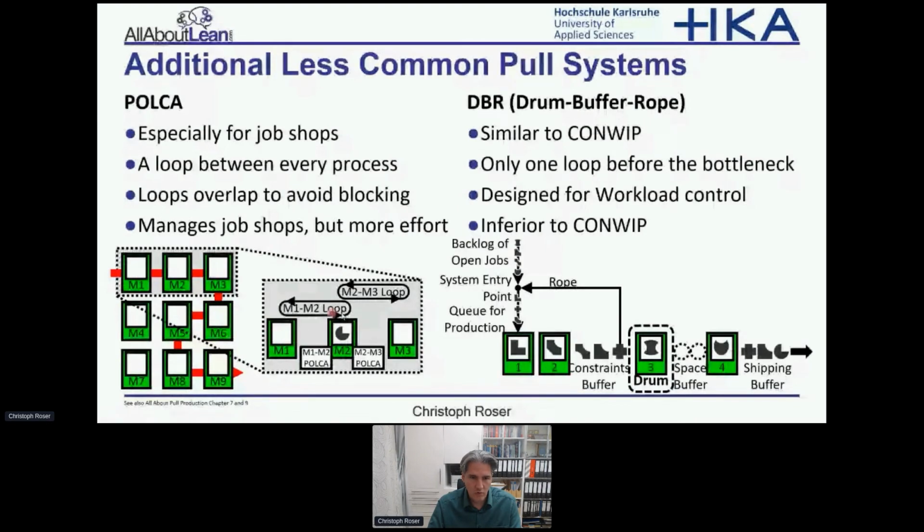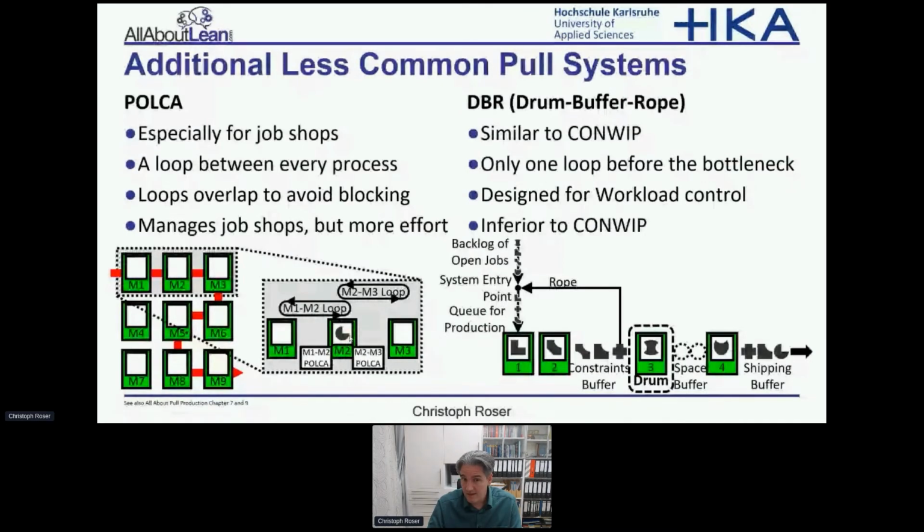You have one loop between process 1 and process 2, and you have a second loop between process 2 and process 3. But process 2 needs a POLCA card from the previous loop and a POLCA card from the subsequent loop to work. So you need 2 POLCA cards at one process to work.